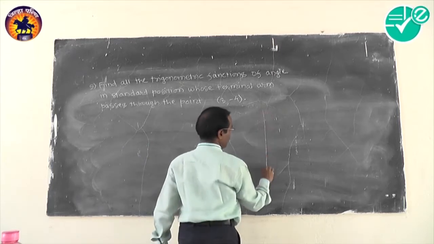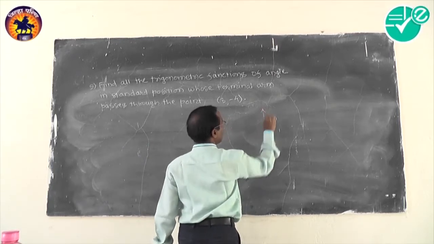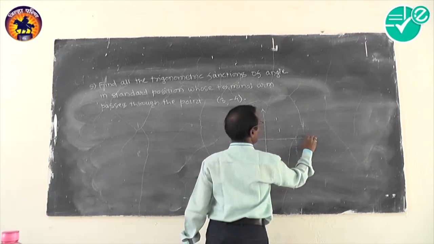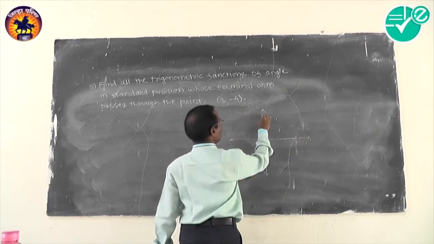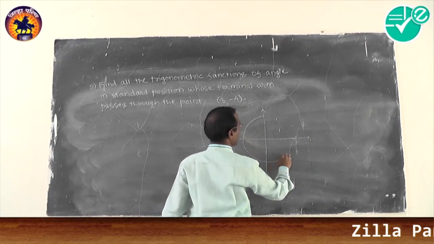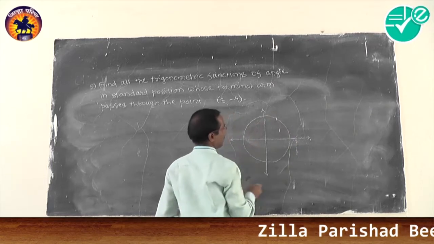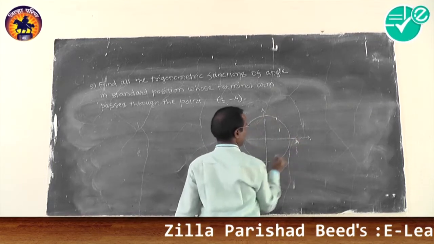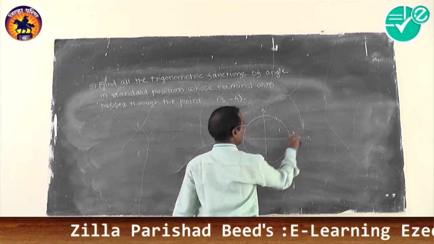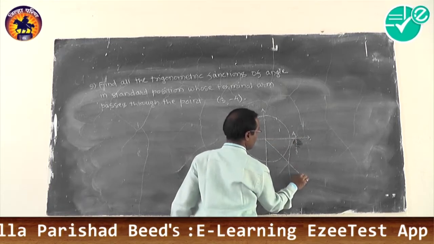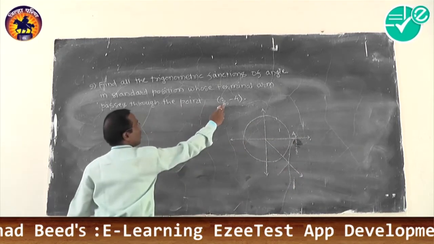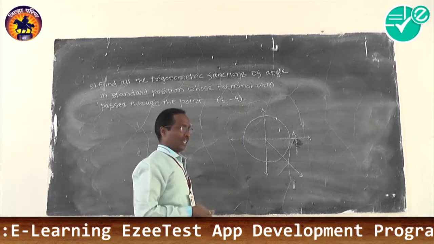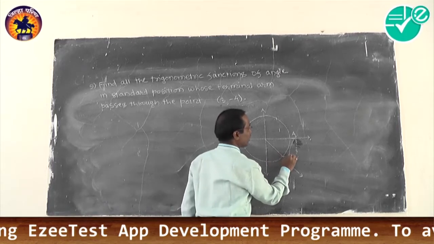Now the solution of this example. The x coordinate is positive and the y coordinate is negative, which means the point lies in the fourth quadrant.